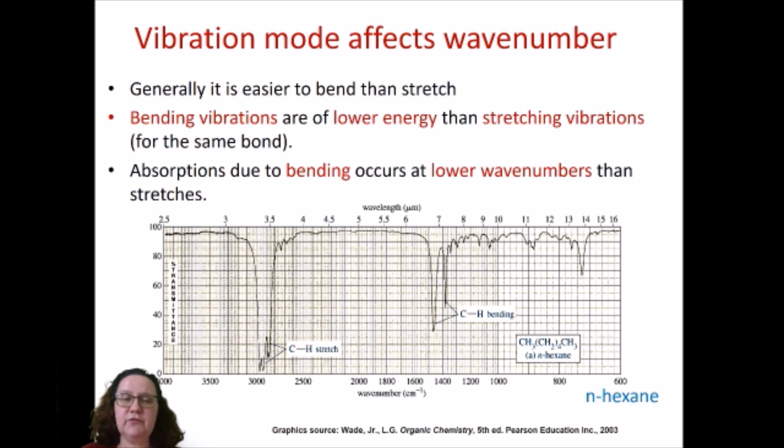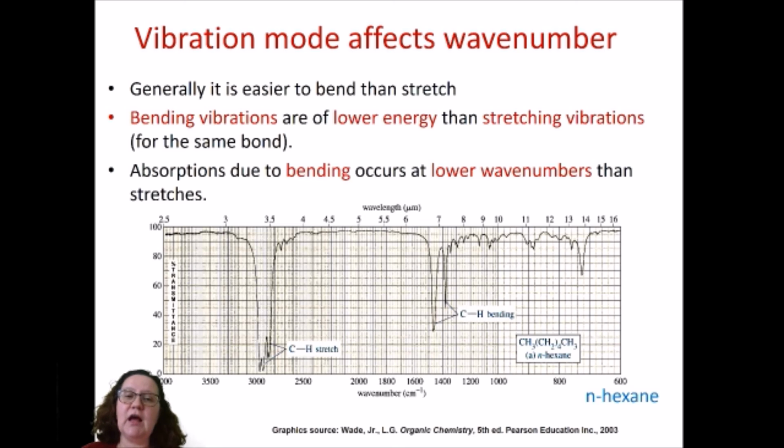As I mentioned before, in general, bending modes, bending vibrations, are of lower energy than stretching vibrations, and the bands tend to be weaker. Not always, but they tend to be weaker. Generally, it's easier to bend than stretch, so you need less energy for that.